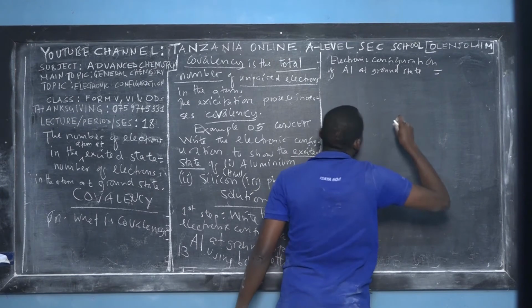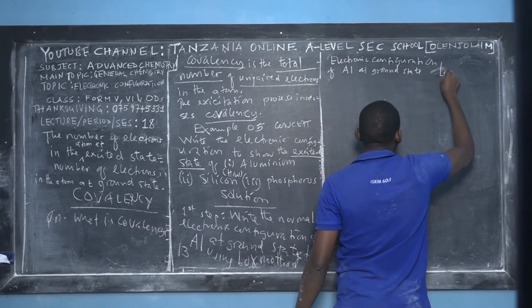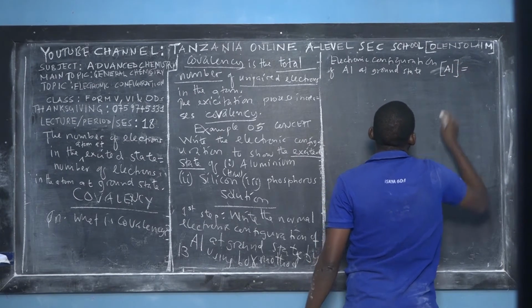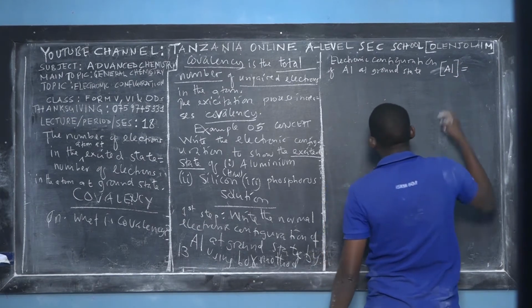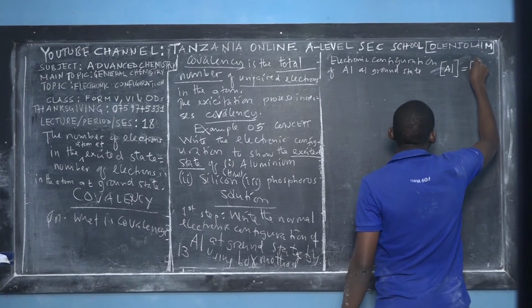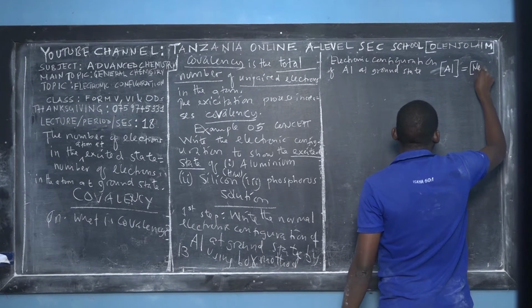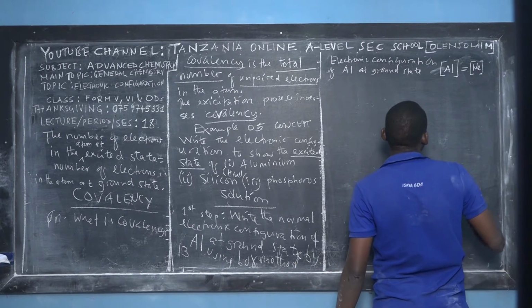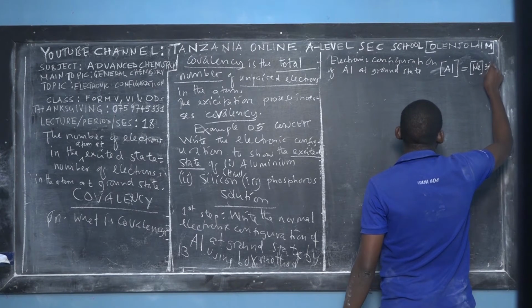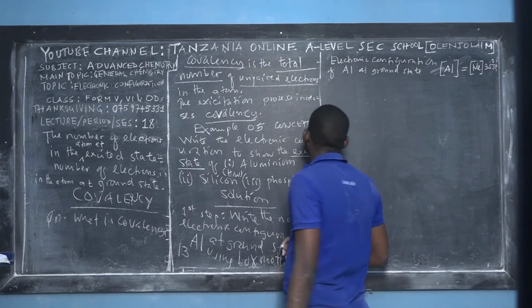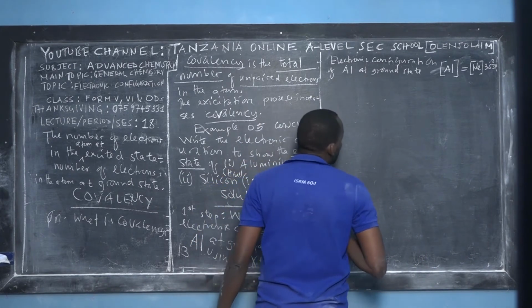In this one, we say square bracket, and then what is the corresponding noble gas for aluminium? It's neon. And then if you are using the orbital method, after neon the next is 3s square, and then 3p power 1, according to the Aufbau principle.